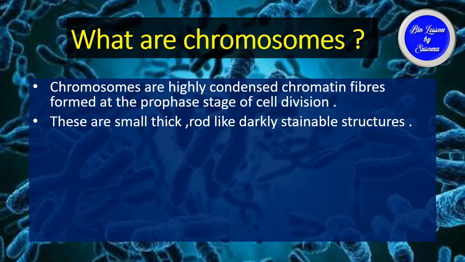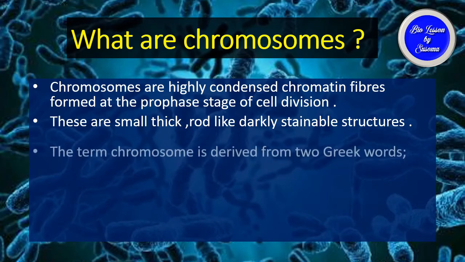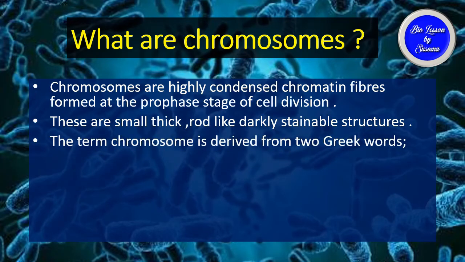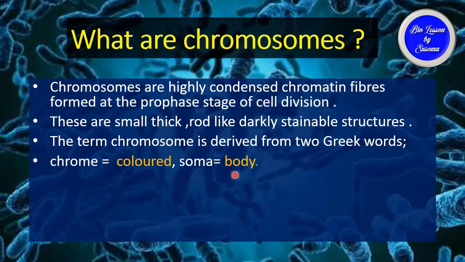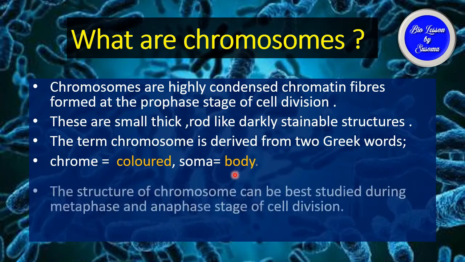Stainable structures means the structures which can take stain or color. The term chromosome is derived from two Greek words, chrom, which means colored, and soma, which means body. So, chromosome means colored bodies.